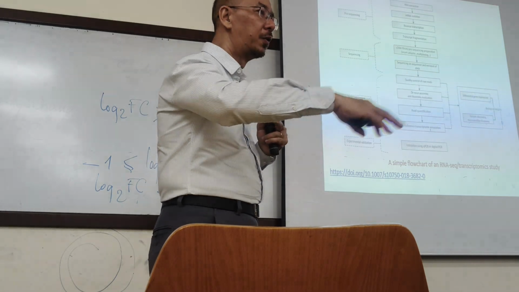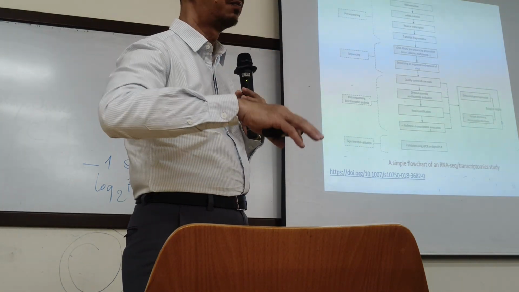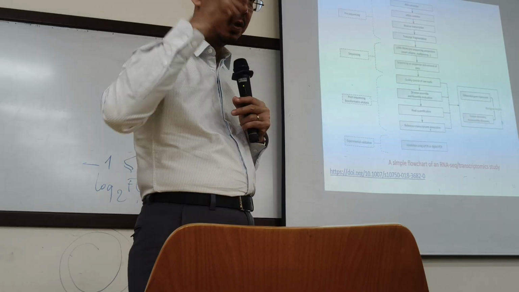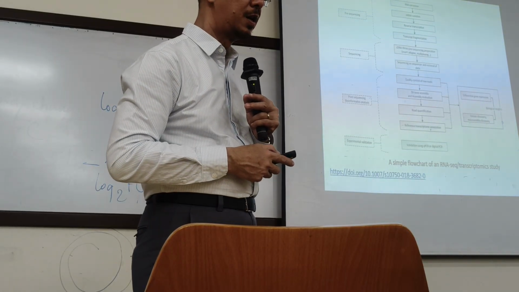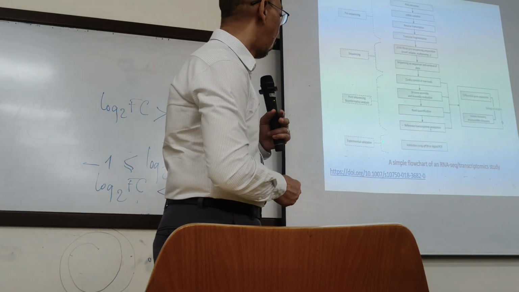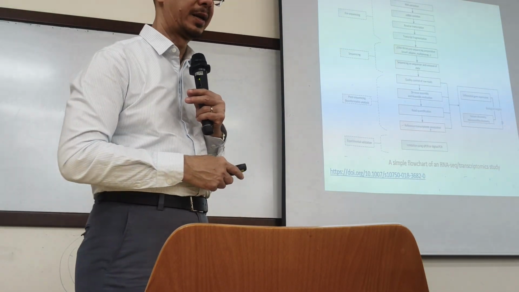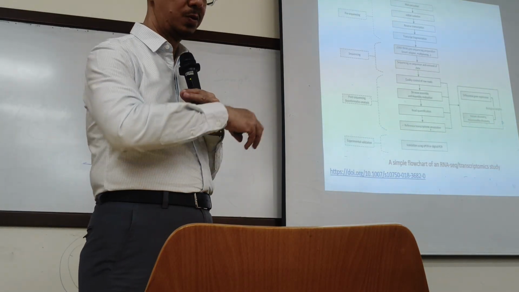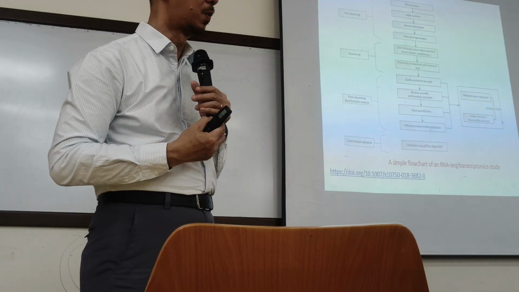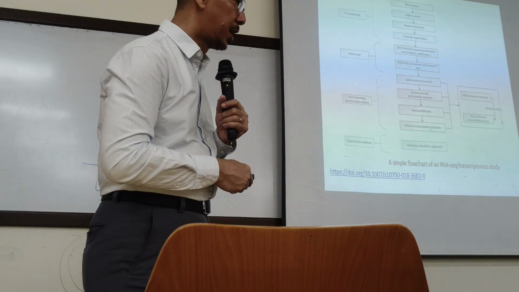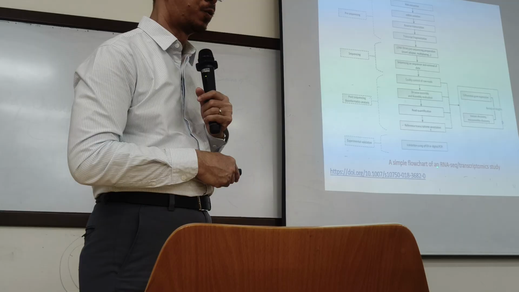Because that will go into the cancer, something like that. So that means you identify the key gene to go further with validation. You cannot do all. The validation aspect is very important.